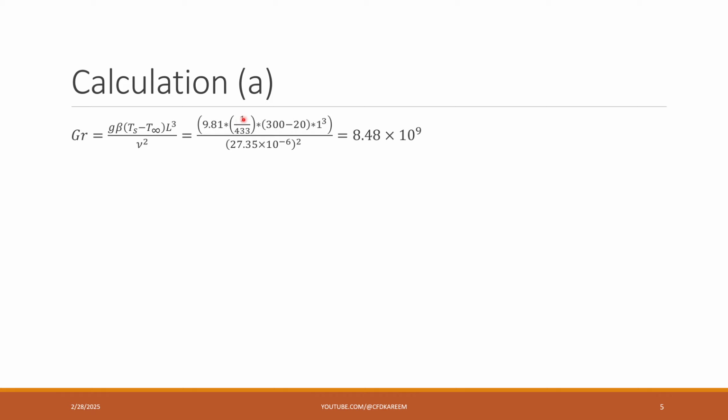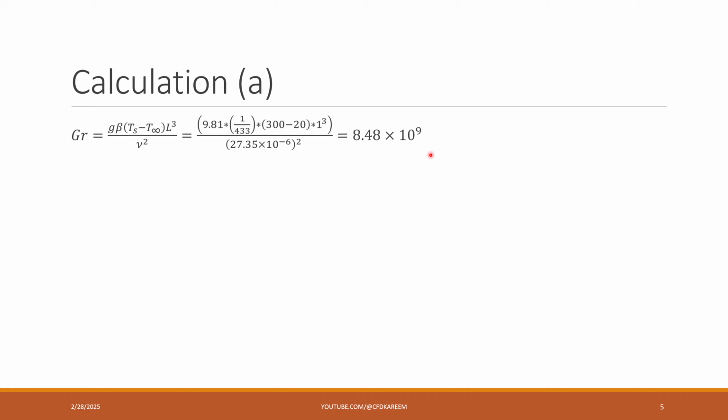So in this case, we're going to do 1 over 433, and this has to be in units of Kelvin. Then we're going to take the difference in temperature, so the initial temperature of the plate, T_s, minus the ambient temperature, times our characteristic length cubed, which in this case is just going to be 1 meter, over the kinematic viscosity squared. And when we plug that all in, we get a Grashof value of about 8.48 times 10 to the 9.